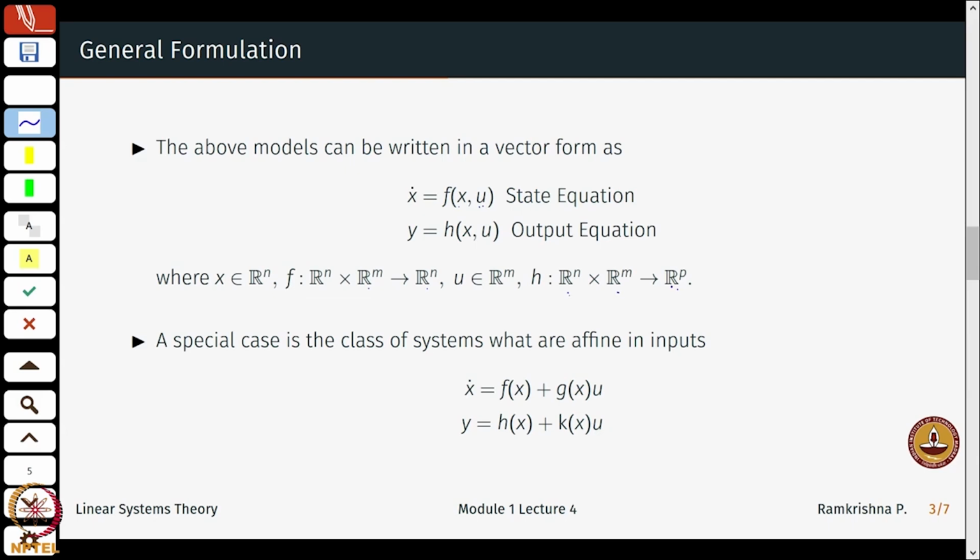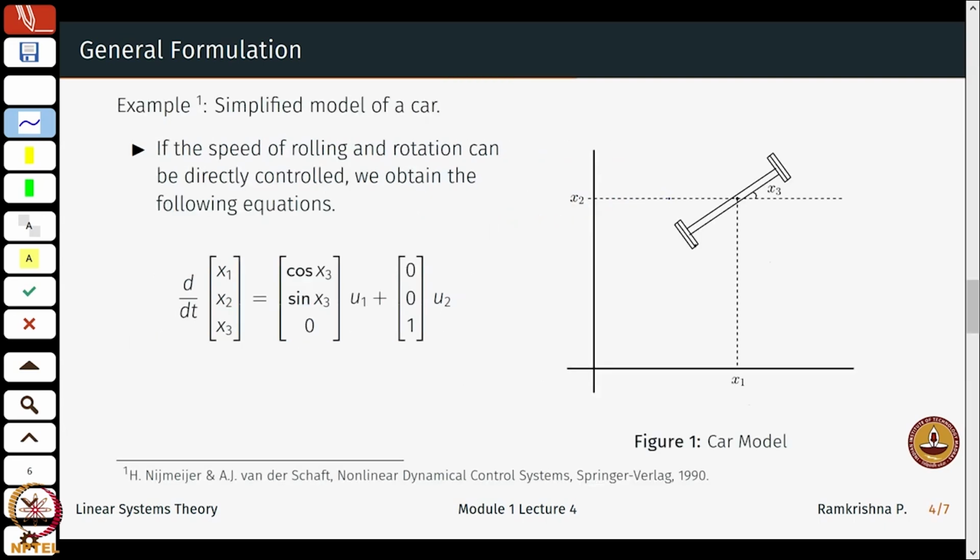Okay, so let us do a little example of this, right. Let us say that I take a simplified model of a car, which is also called a unicycle, again from this famous book on nonlinear control systems. In this I have two control signals.